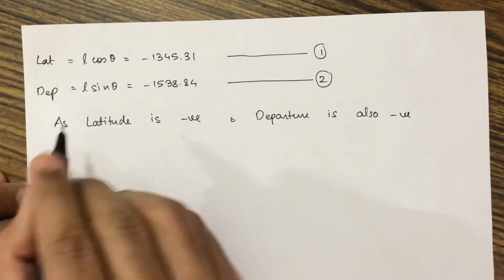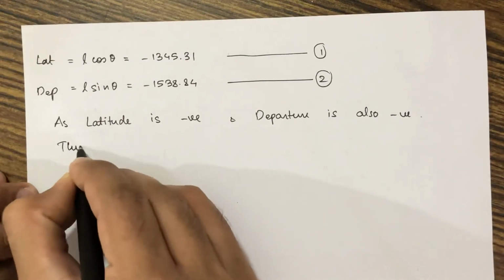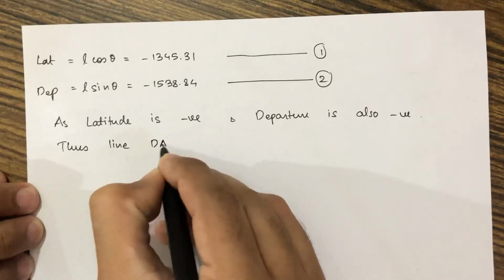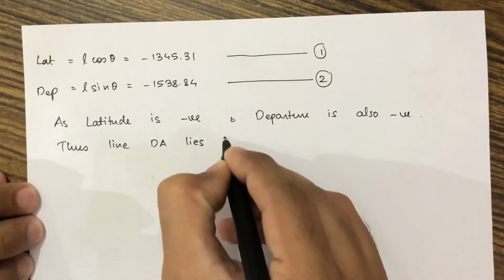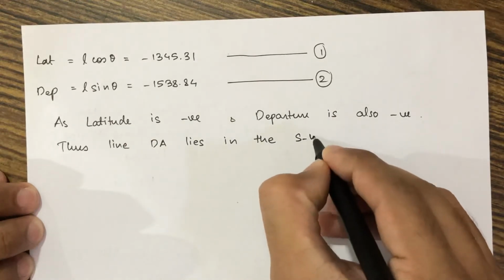So what does this indicate? Thus, line DA lies in the southwest quadrant.